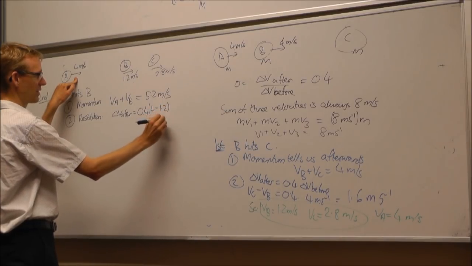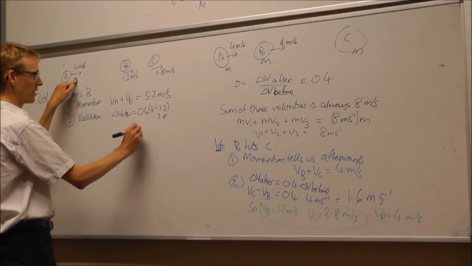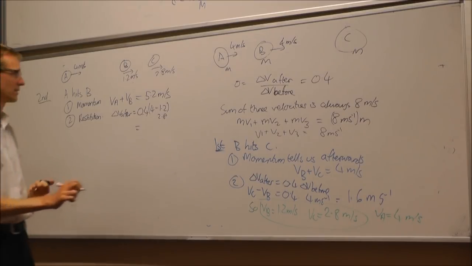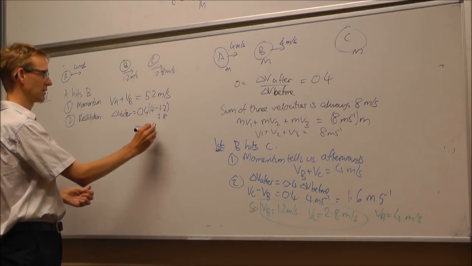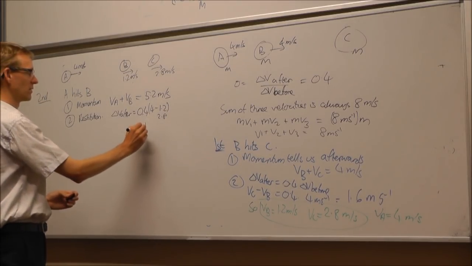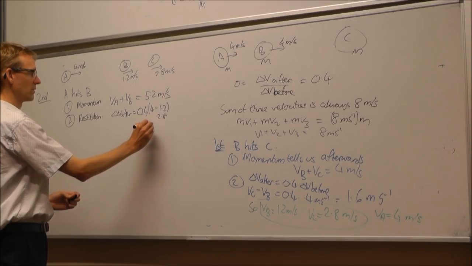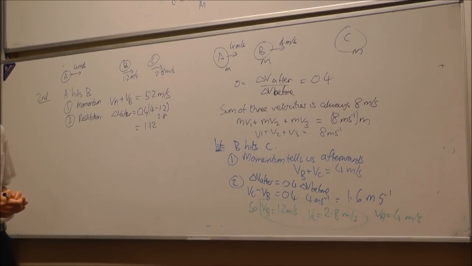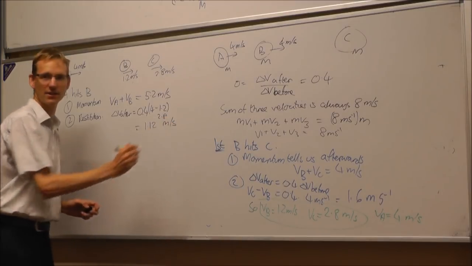So 0.4 times 2.8 is 1.12 meters per second. Is that right? I can do a quick calculation.